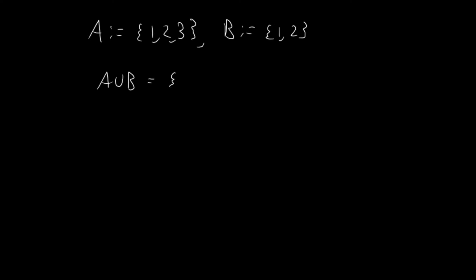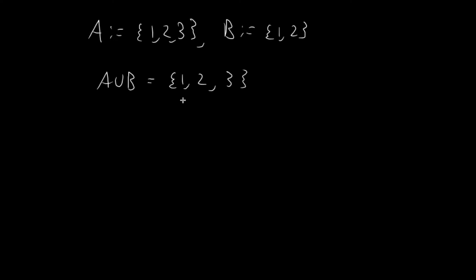Here's another example. Suppose A is the set consisting of the numbers 1, 2, and 3, and B is the set consisting of the numbers 1, 2. In that case, A union B is the set consisting of the numbers 1, 2, and 3.